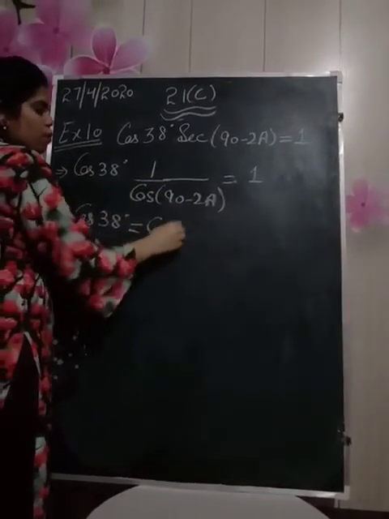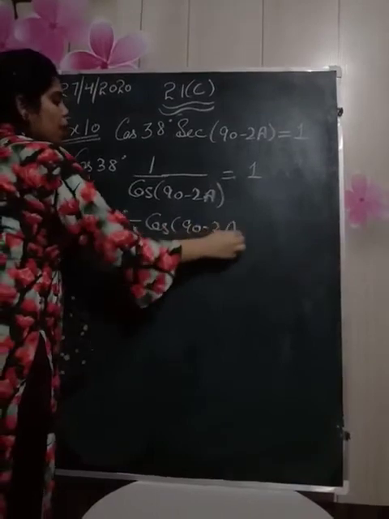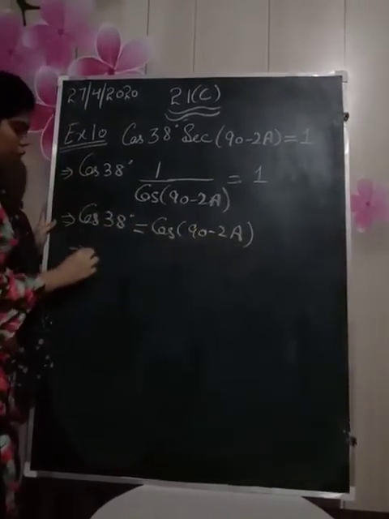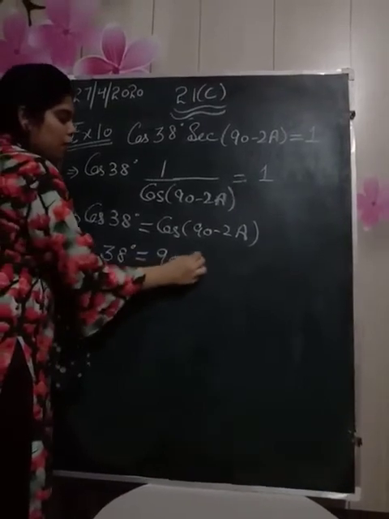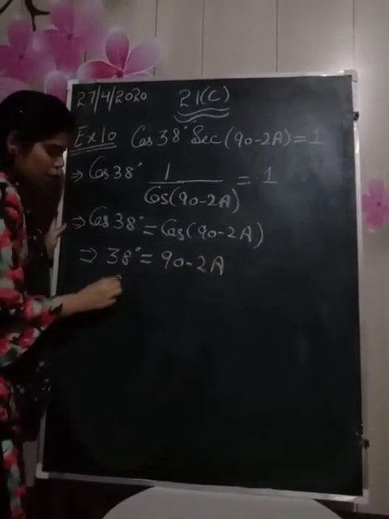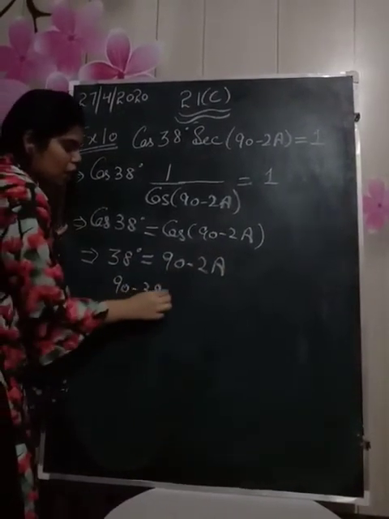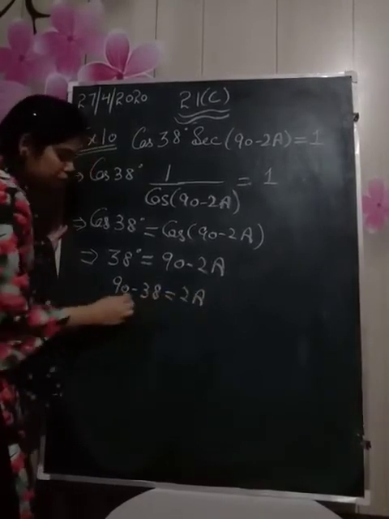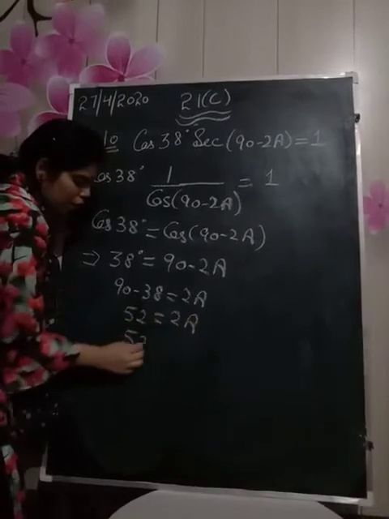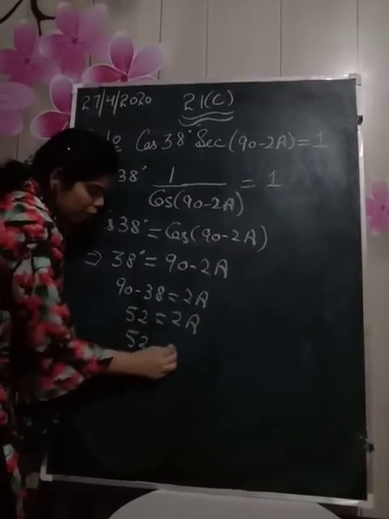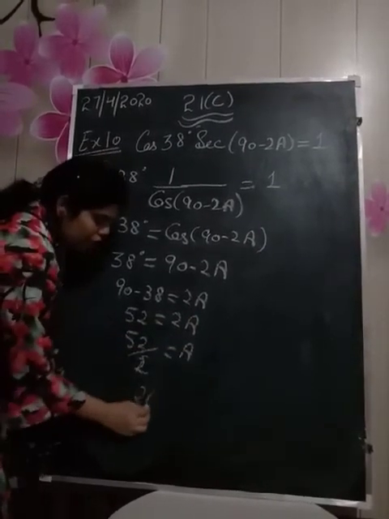So cos 38 degree is equal to cos 90 minus 2a. By applying inverse, we can find 38 degree is equal to 90 minus 2a. So 90 minus 38 is equal to 2a, that is 52 is equal to 2a. From there we can find a is equal to 26 degree.